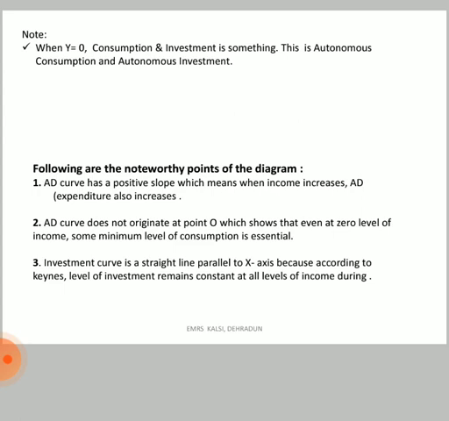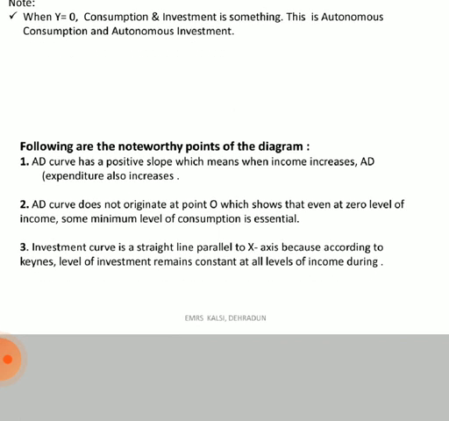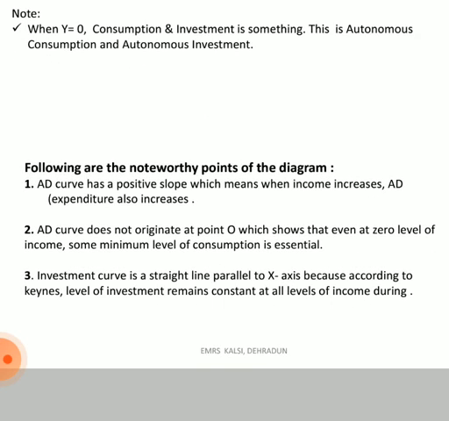Now the investment curve is a straight line parallel to x axis. The investment is constant, that's why it is parallel to x axis. What is the reason here? According to Keynes, Keynes was an economist, it is also pronounced Keynes, the pronunciation varies from person to person.